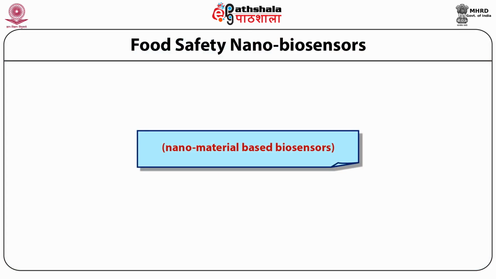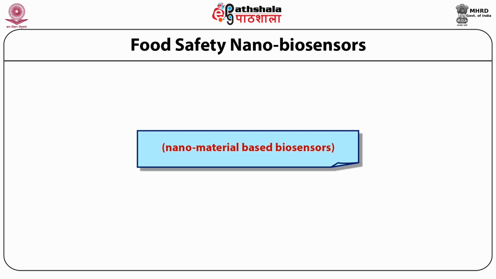Before we talk about nanobiosensors, let us see what biosensors are. A biosensor is an analytical technique which uses two components, the biological component in close conjunction with a transducer. The biological component comprises enzymes, whole cells, antibodies, or aptamers.